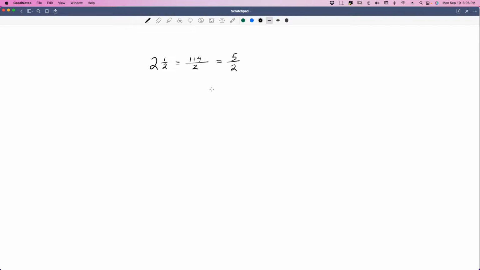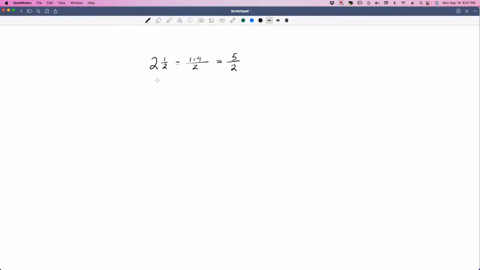Now, we want to use an improper fraction in algebra for a variety of reasons. Sometimes it's because we need to simplify a number. Sometimes it's because we need to reduce a fraction or factor and cancel out some numbers. And we just can't do that if it is in mixed number form. We also can't do that if it's in a decimal form. So typically, algebra does not like to use decimals either unless it's the final answer.